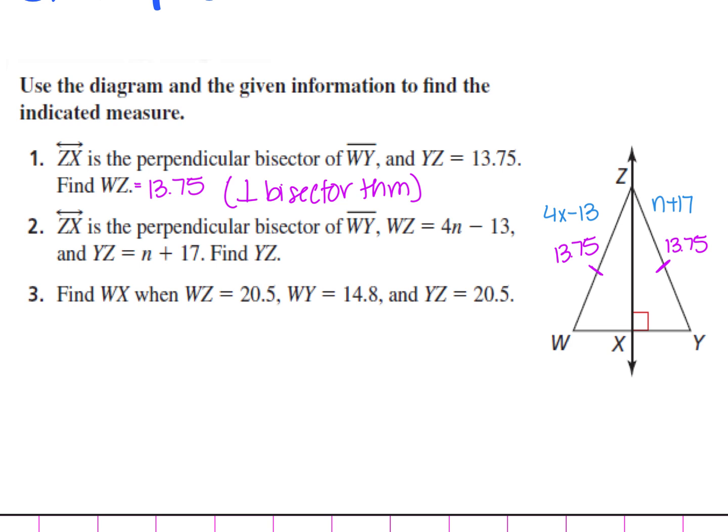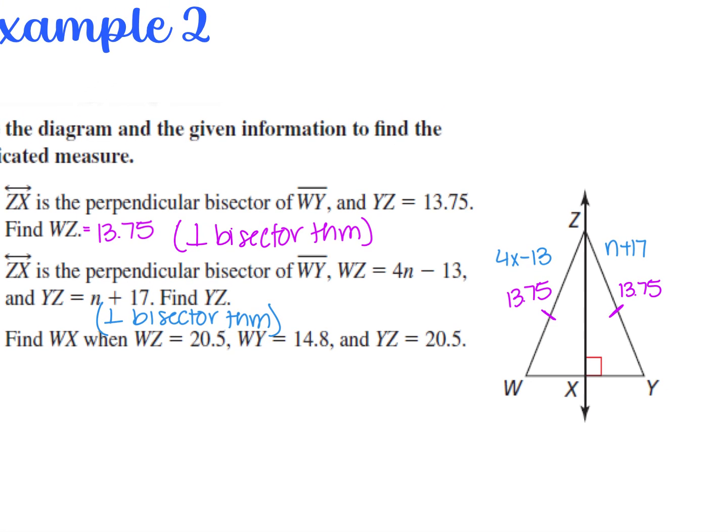Am I using perpendicular bisector theorem or the converse? Good, I'm still using that perpendicular bisector theorem. All right, now how would I find them? How would I find YZ? What do I have to do first? Yeah. Make them equal to each other, so I'm going to technically solve for n first.